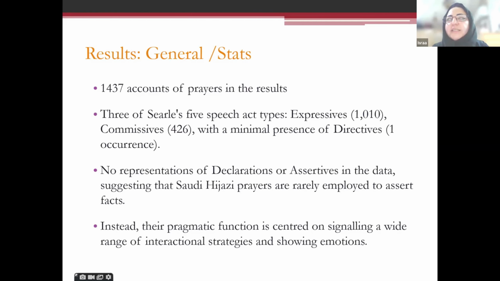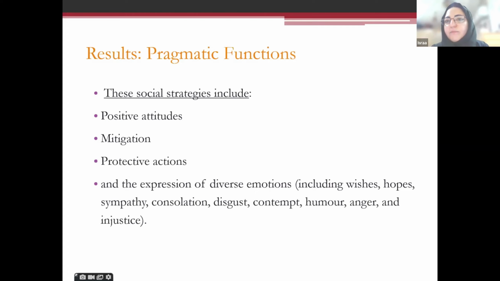Instead, their pragmatic function, overwhelmingly through this data, is centered on signaling a wide range of interactional strategies and emotions, these social strategies, as we saw in the results.